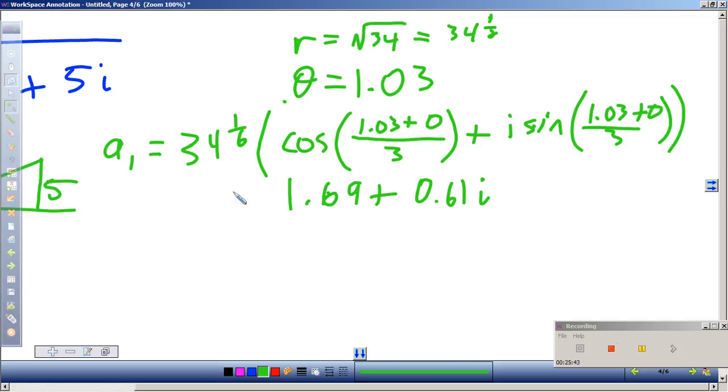Now that's only the first answer. Remember, we have to plug in n equals 0, n equals 1, n equals 2.